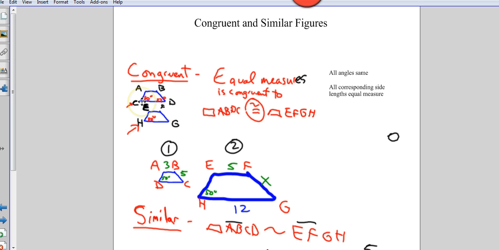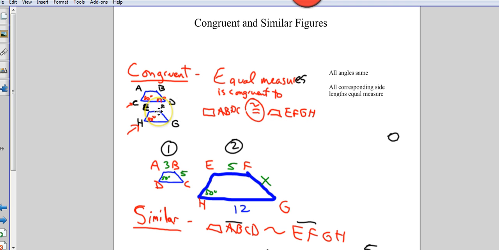ABDC is congruent to EFGH, so it is telling me that A corresponds, and corresponding means it's in the same position but on the other figure. So A corresponds with E, the first letters. Also the side length AB, the first two letters, must correspond with EF.